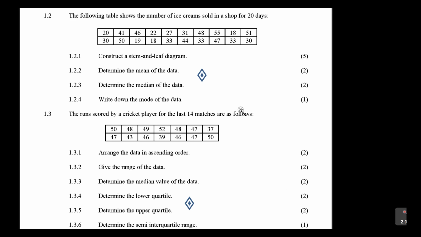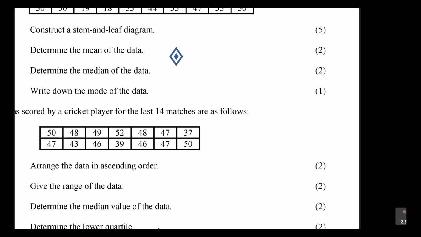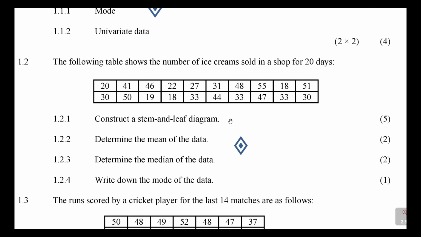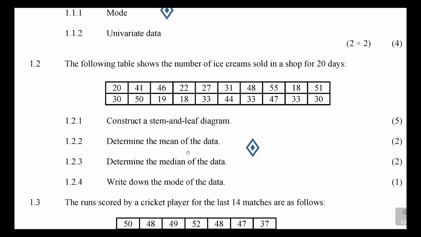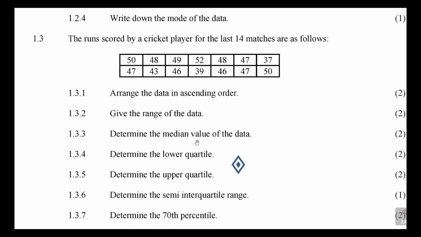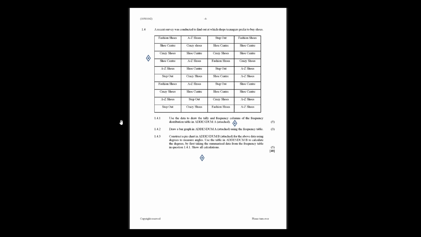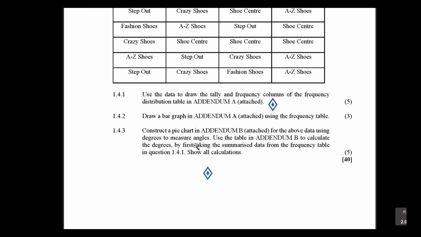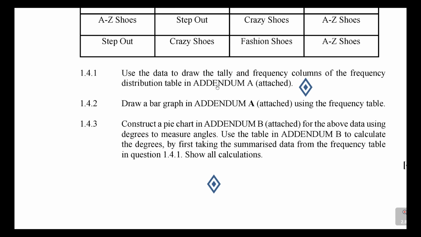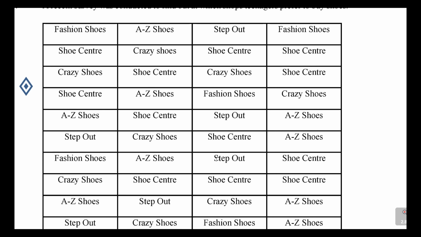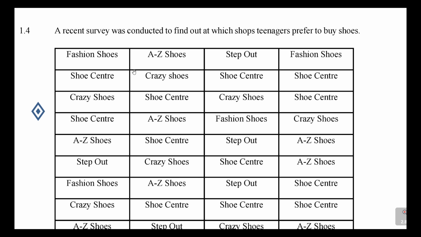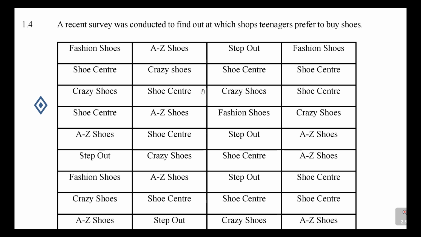I'm not gonna do question 1, the data handling, but I'm gonna be doing another session where I'll focus just on data handling. I'll post 2 or 3 videos on them, so I'm not going to do this part of data handling. It continues to question 1.4, and you can see it's got good marks. This is out of 40 marks, so you definitely need to know that. You definitely don't want to go to your final exam without being sure of that.